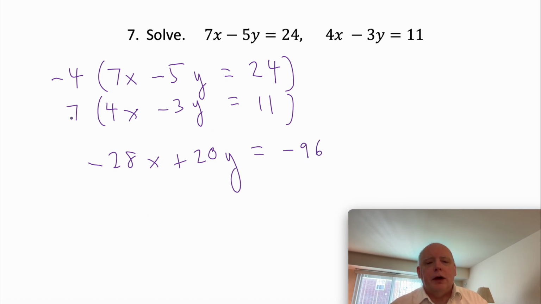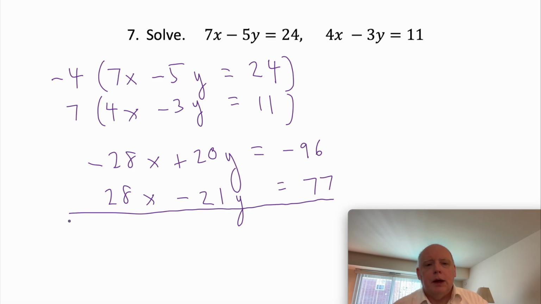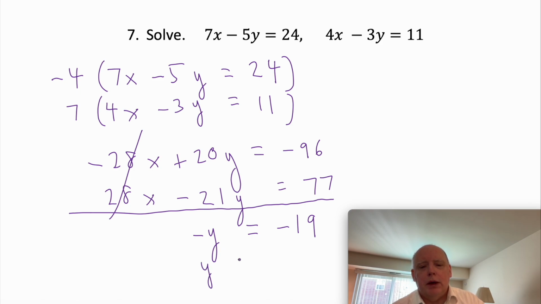And rewriting the second equation, 7 times everything is 28x minus 21y is equal to 77. Now we can add the 2 equations and we eliminate x. And negative 21 plus 20 is a negative y. And this is going to be equal to a minus 19. So if you simply multiply left and right by negative 1, you'll get y is equal to 19.